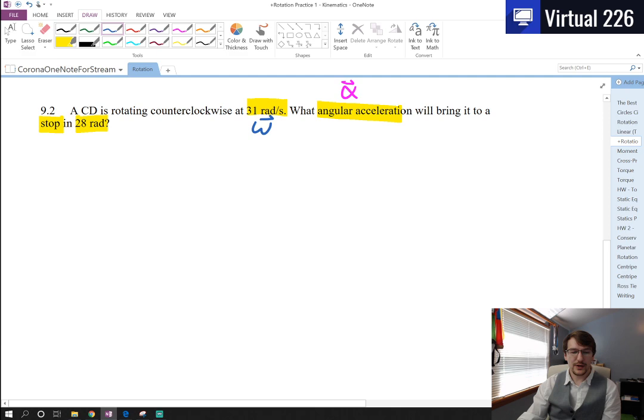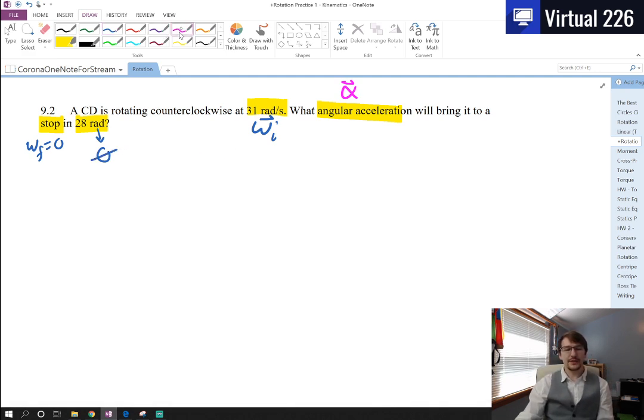In this problem, we have an initial angular velocity of 31. We're looking for an alpha. We're bringing the CD to a stop, and this means that our final angular velocity is 0. And we're doing it in an angular displacement of theta.